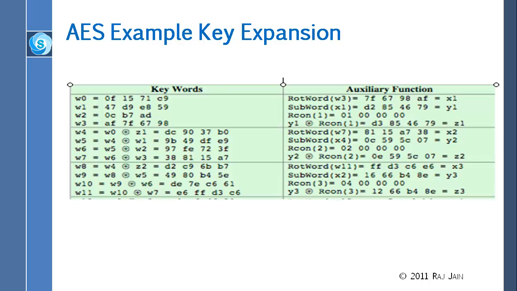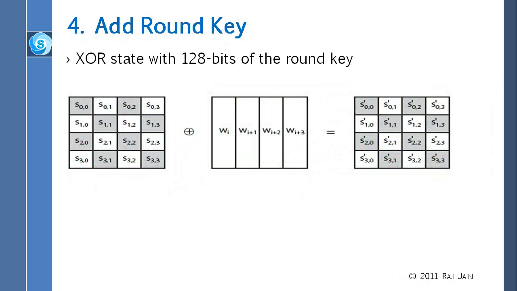Here's an example. So here are the words 0, 1, 2, and 3. This is the 0th column, first column, second column, and third column. This would be written like this: W3, W2, Wi, Wi plus 1, Wi plus 2, Wi plus 3.